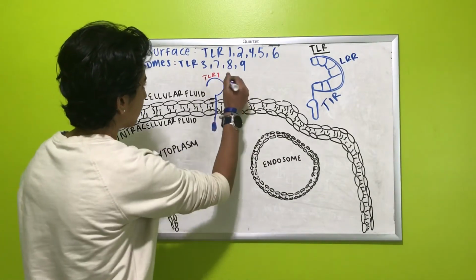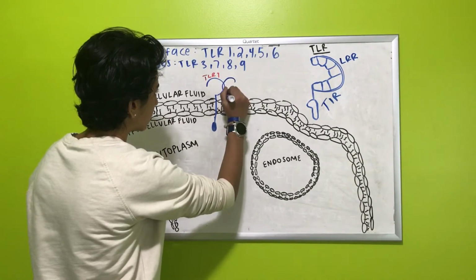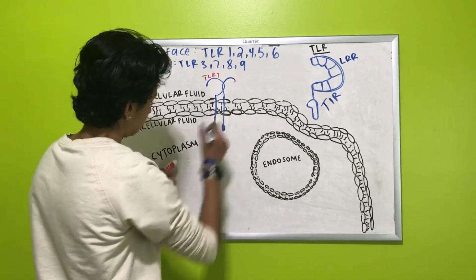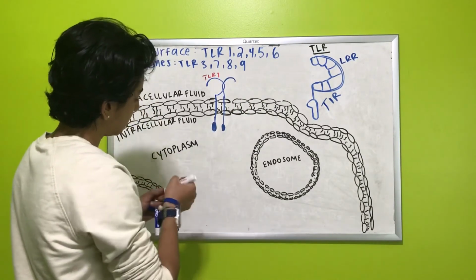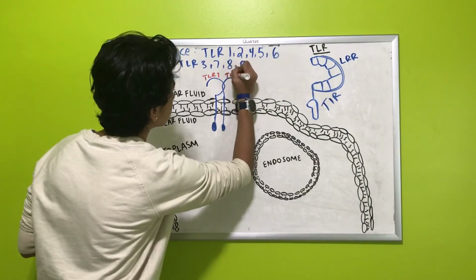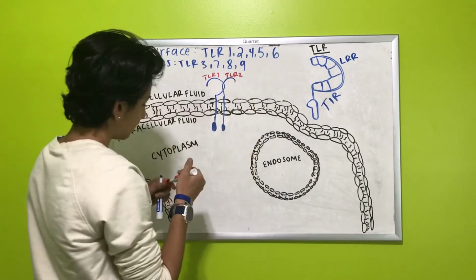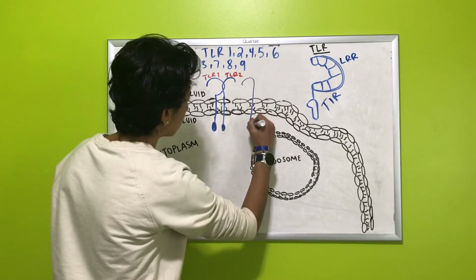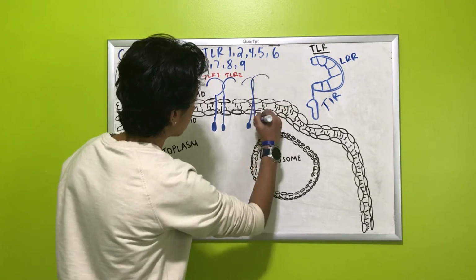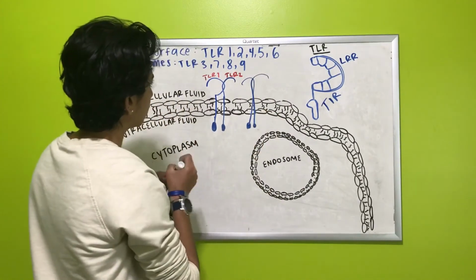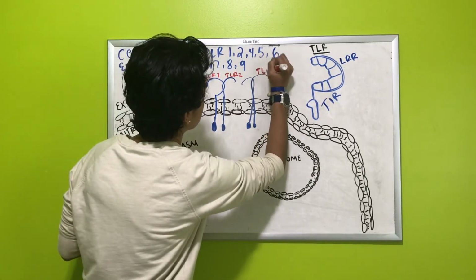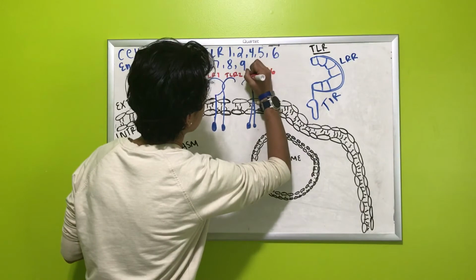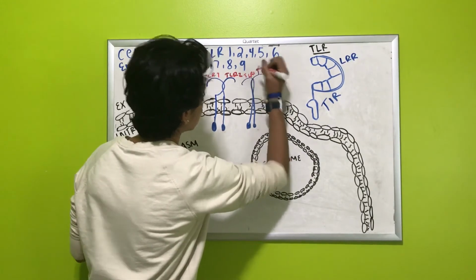It can form a dimer with either TLR2, so we'll call this TLR2, or it can form a dimer with TLR6. So that is called a heterodimer.